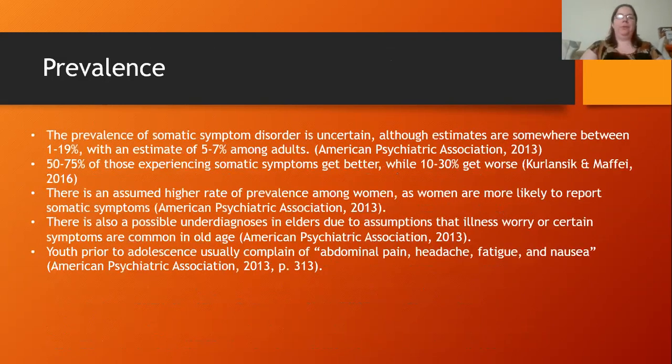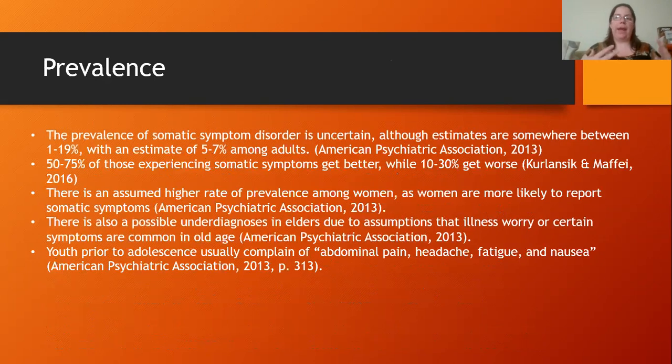The prevalence of somatic symptom disorder is actually uncertain. Nobody really knows for sure what kind of numbers we're looking at, although the estimates are somewhere between 1 to 19%, with an estimate of 5 to 7% among adults.